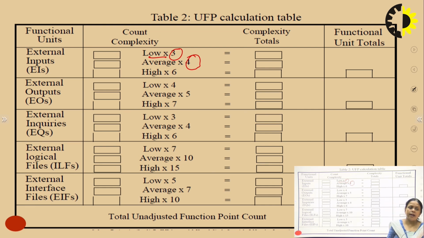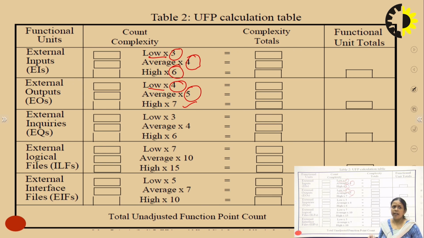If we have high external inputs, then we have weighting factor or complexity 6. In this way, for the external output, if the external outputs have low value, then the weighting factor will be 4. If the value is average, then the weighting factor will be 5. And if the external outputs are high, then the value will be 7.